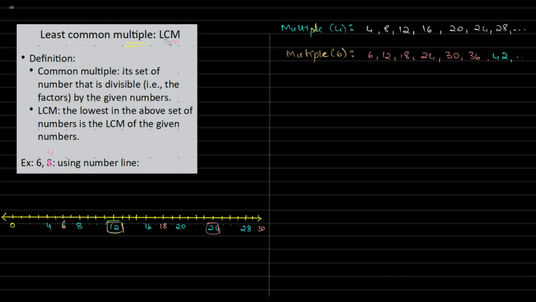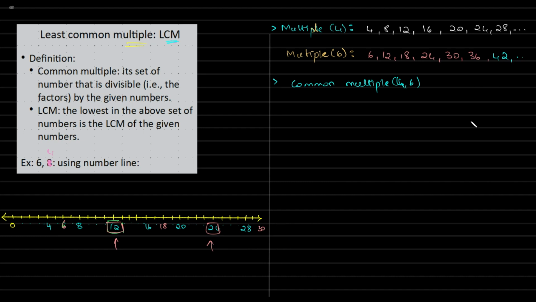The next word is common multiple. What is common between these two? Next we are looking at common multiples of 4 and 6. The common multiples of 4 and 6 are, first 12, then 24.